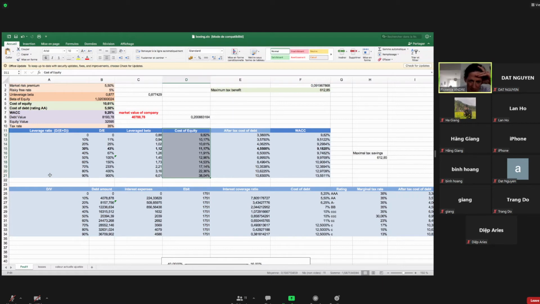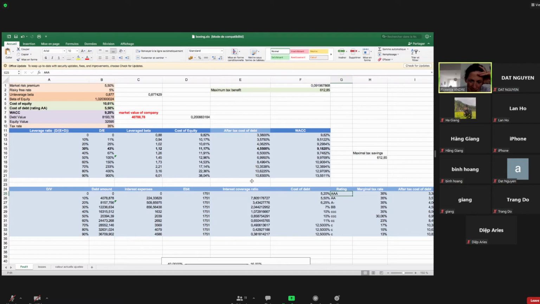The problem is for RD, the cost of debt. We should use a synthetic ratio to estimate the rating of the company.